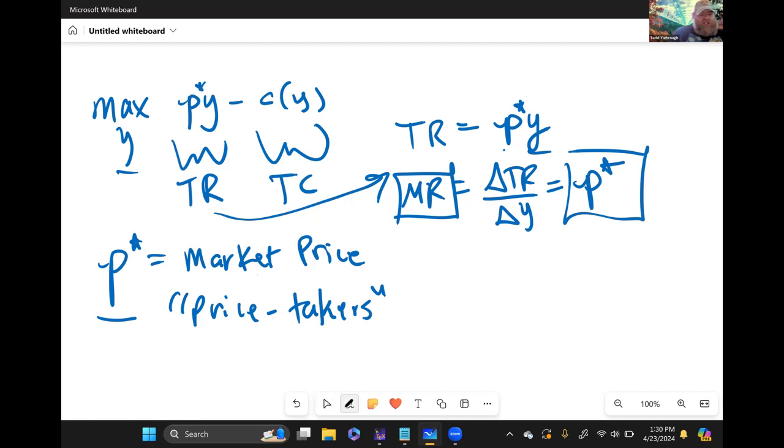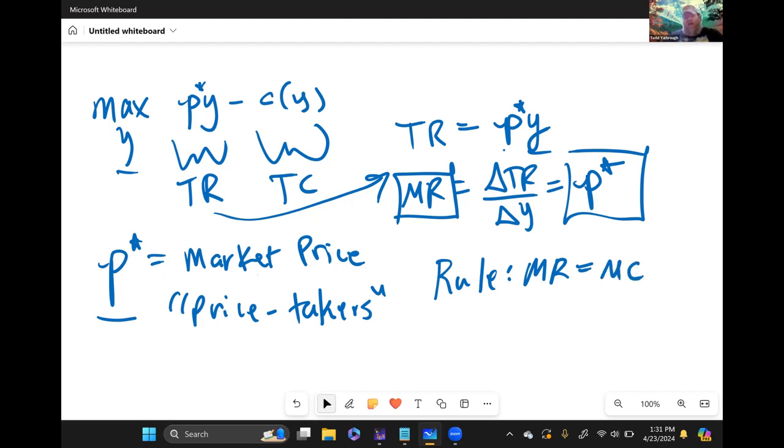So here we're just going to say, optimal level of output, but we're still implying underneath all of this that optimal input selection is also occurring. We're just skipping that step, and we're saying that the firm is picking a profit maximizing level of output. Why? Well, we already know the rule for this, and the rule is that the firm maximizes profits when their marginal revenue is equal to marginal cost.